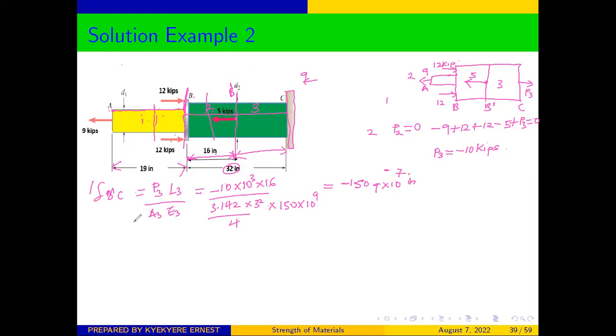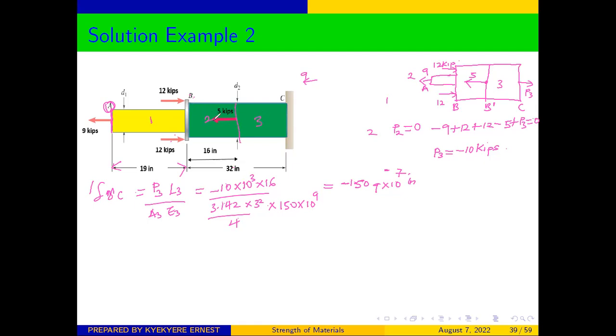Then from there, we can see that the question was asking us to calculate the displacement at A. Quickly, let me explain that, and then we calculate our displacement at A. Looking at the diagram, this is point A. All this side is assumed to be point A. So the movement of point A is a result of the deformation at section 1 plus the deformation at section 2 plus the deformation at section 3.